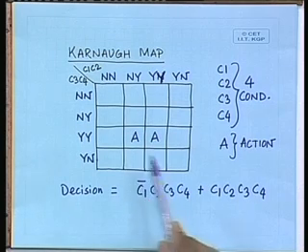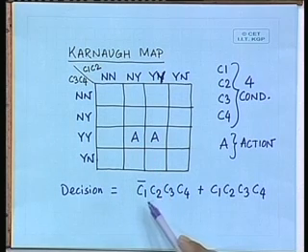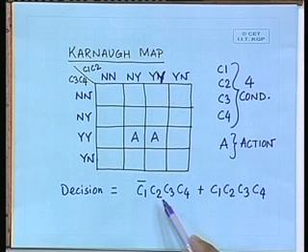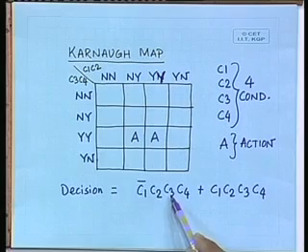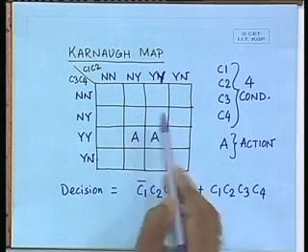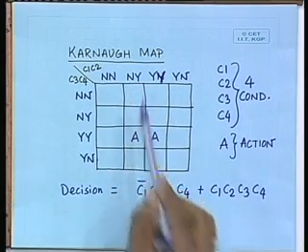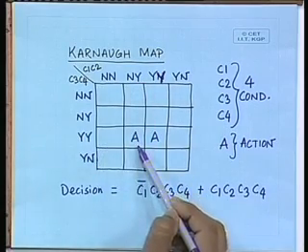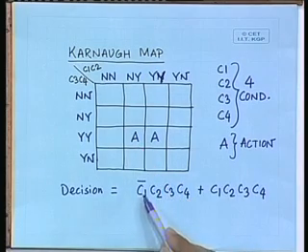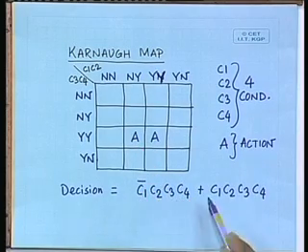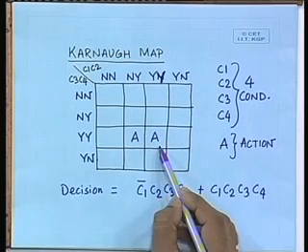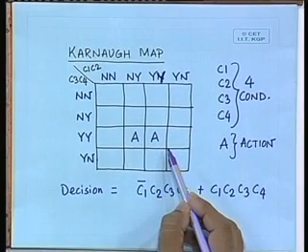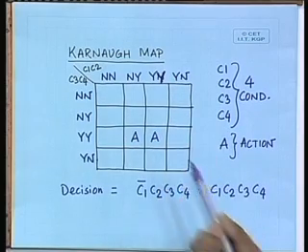C1 bar means C1 is no, C2 is yes, C3 is yes. Look at these A, C1 is no, C2 is yes, C3 is yes, C4 is yes. So, we wrote it as C1 bar C2 C3 C4 plus C1 C2 C3 C4. Is it okay? This much is clear to everybody.